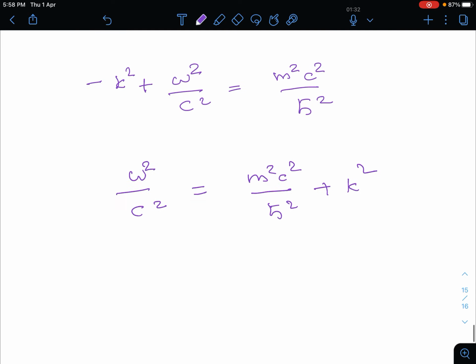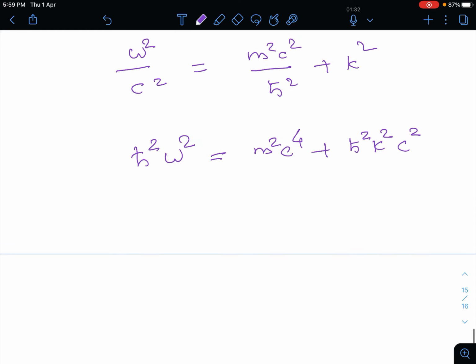Now I am multiplying throughout by h cross square c square. So what you are getting is h cross square omega square is equal to m square c raised to 4 plus h cross square k square c square.